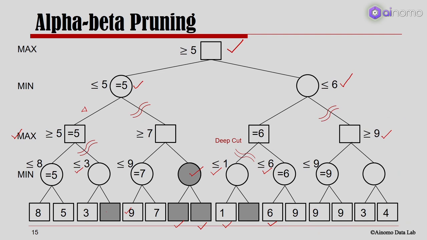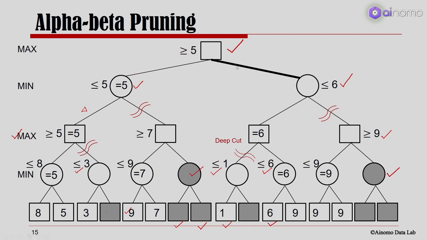Once we have a cutoff here, these leaves 3, 4 and this generation of children for the min at this point are not required, and that's the amount of saving. So this is what we have at the min node now, and if you go one step up, you'll see that Max prefers to take the right path because he has a greater than or equal to 5.